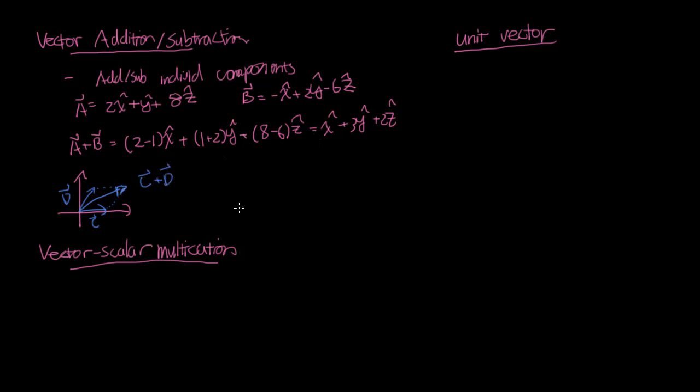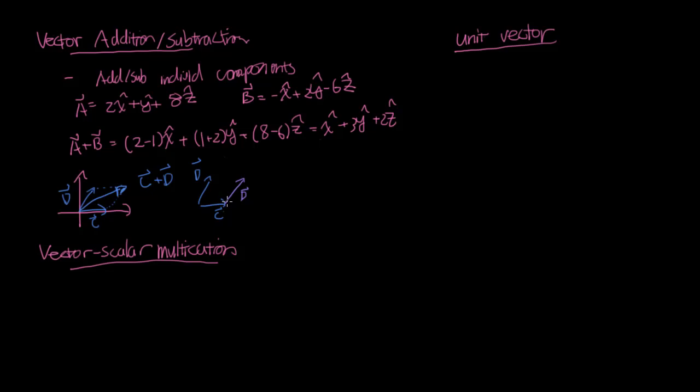Another way to view it is if I again start with this c and I have d here. Another way to view it, which is equivalent but sometimes easier, is you can shift these vectors however you want. So let's shift this vector d, but what you want to do is move the vectors around, which involves changing the location but not the direction, until they are all connected heads to tails to each other.